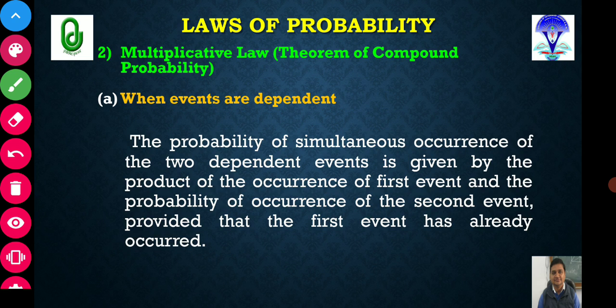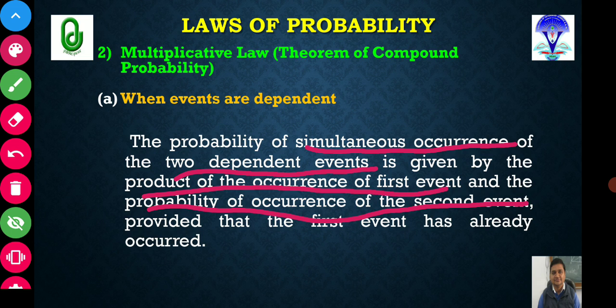Now the second condition, when events are dependent. In the previous lecture we have already seen what dependent events and independent events are. We have already seen the probability of simultaneous occurrence of two independent events. Now for two dependent events, it is given by the product of the probability of occurrence of the first event and the probability of occurrence of the second event.